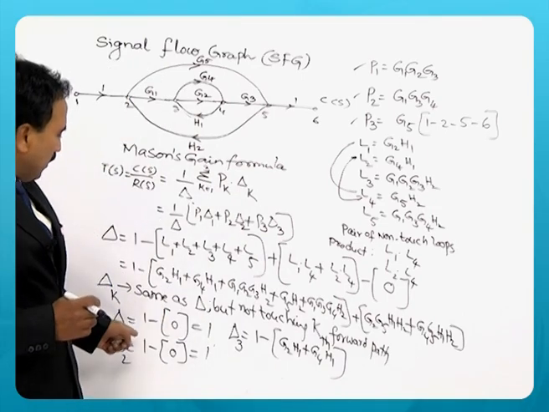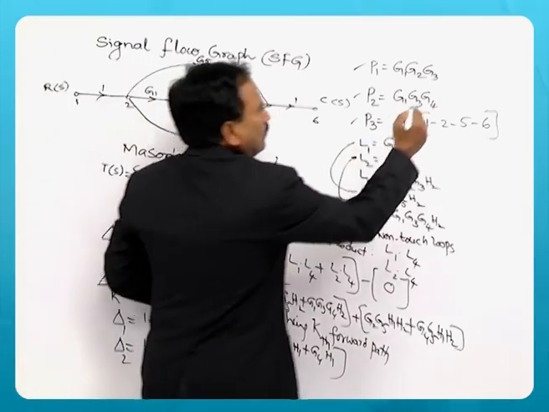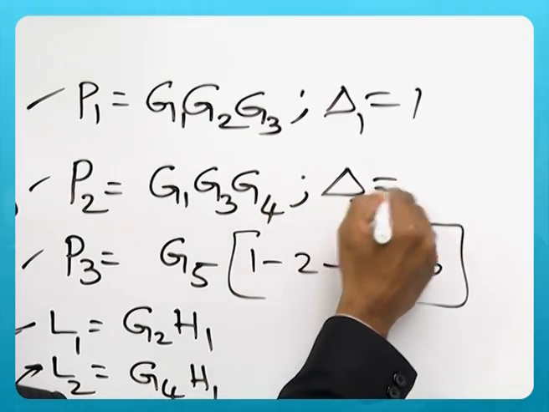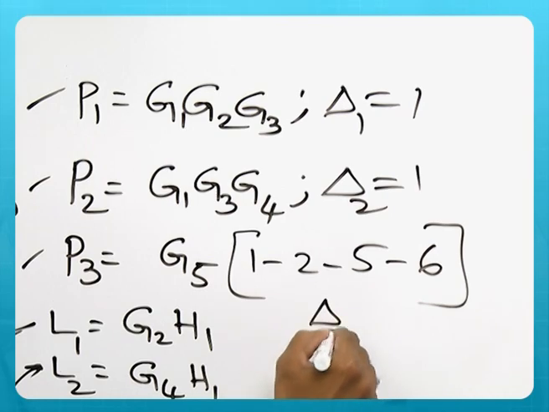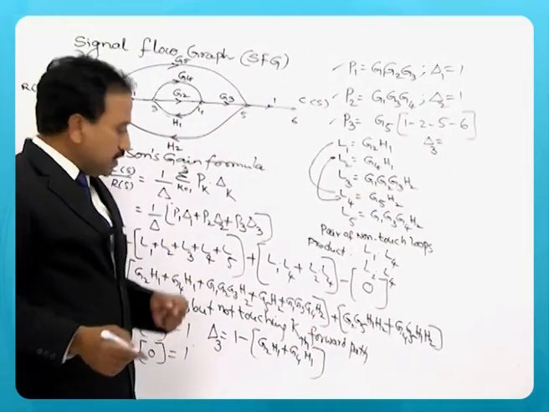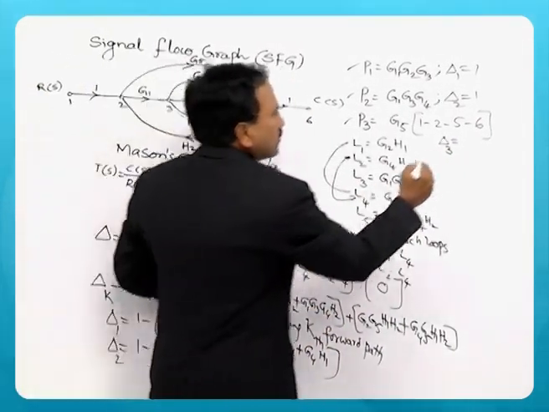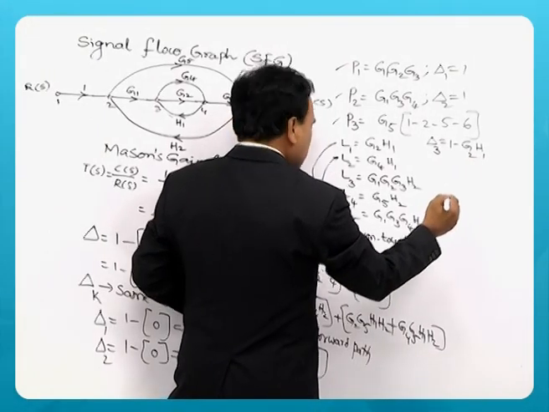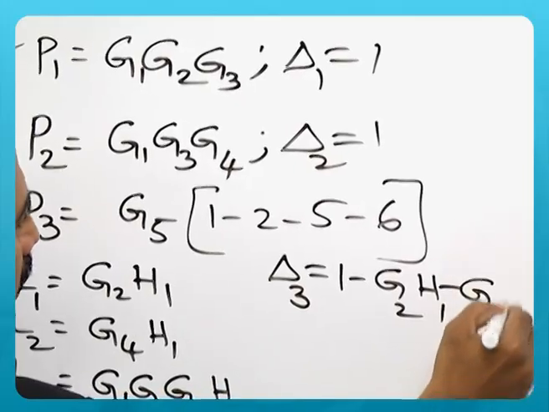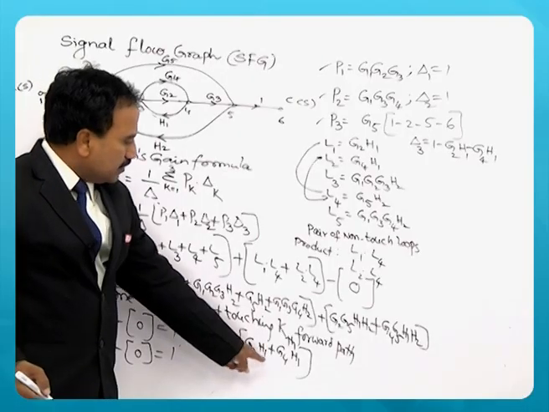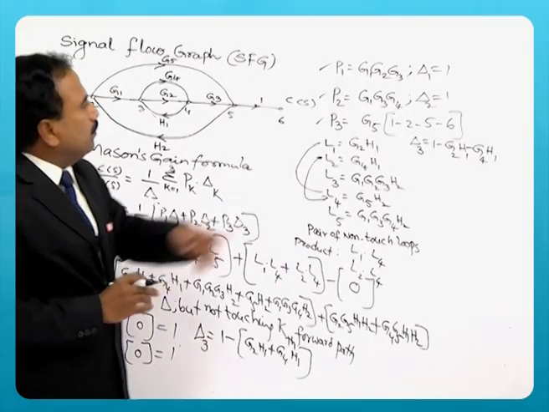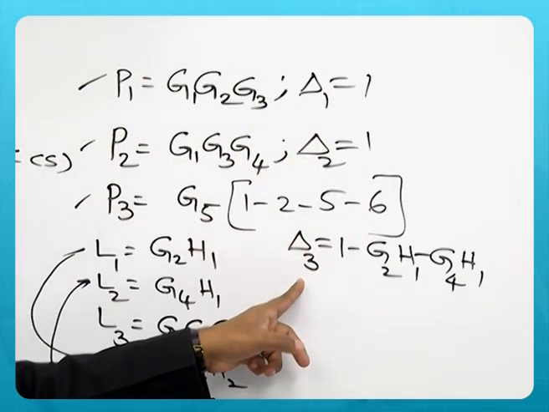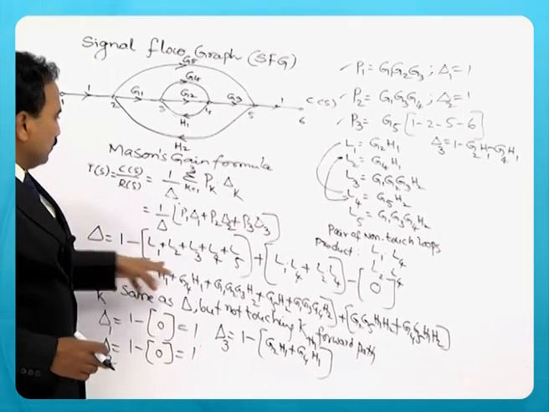So you have got now delta 1 as 1, delta 2 as 1, but delta 3 there exists some function, 1 minus G2H1 minus G4H1. So you got P1, P2, P3, delta 1, delta 2, delta 3 and delta also you have got.